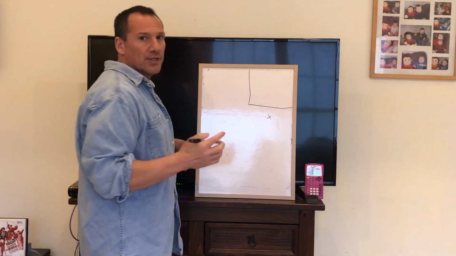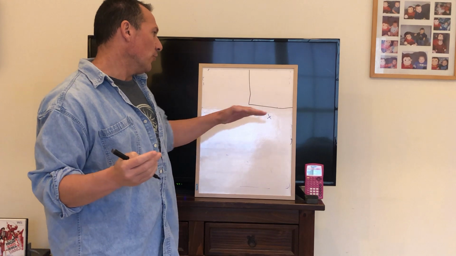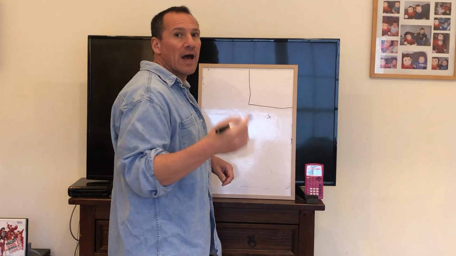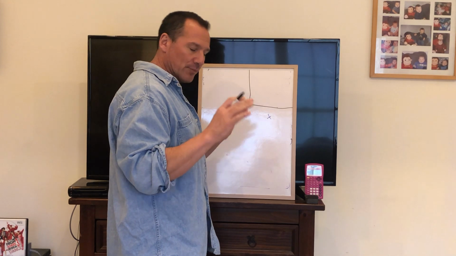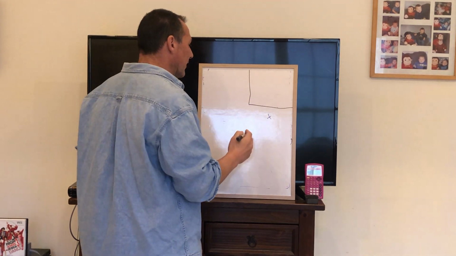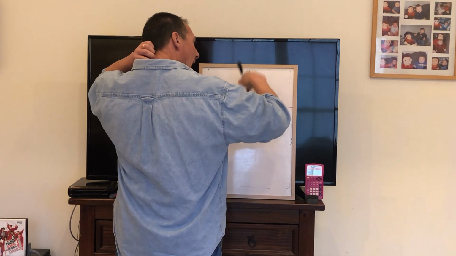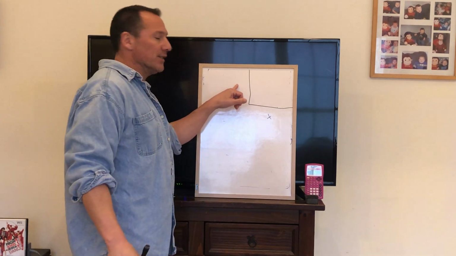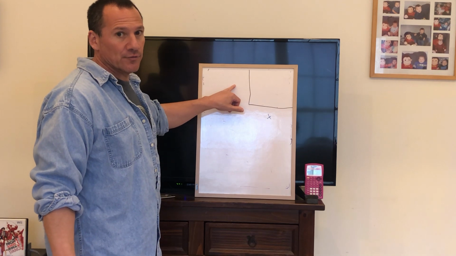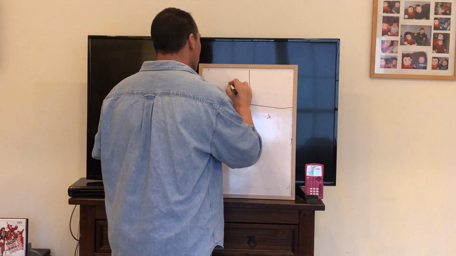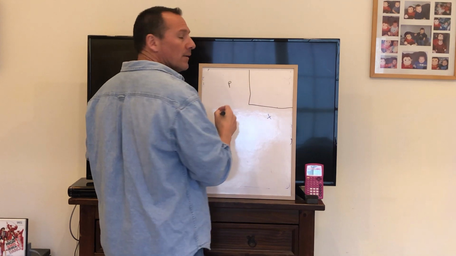A probability distribution is like a frequency distribution. We have an x-axis. The x-axis are the potential values. Remember, values are potential scores for a variable. And the y-axis, if this were a frequency distribution, would correspond to frequency. But here, it's going to correspond to probability, or p.